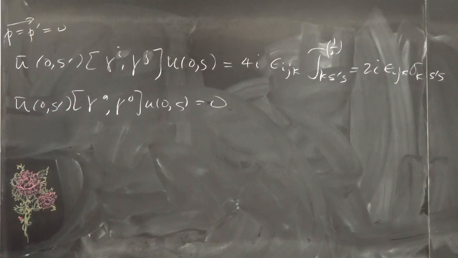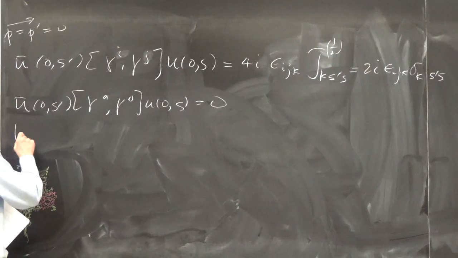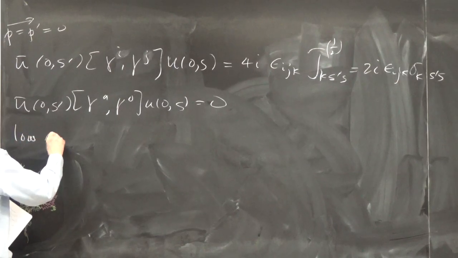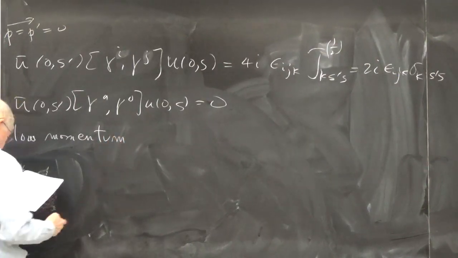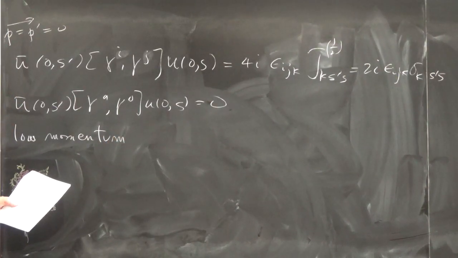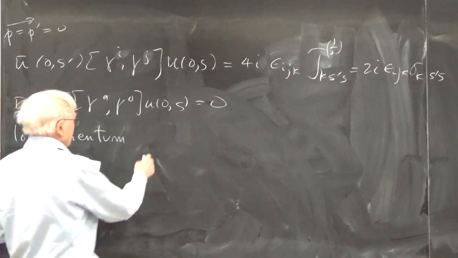So we're going to go to low momentum, and we're going to look at this vertex.